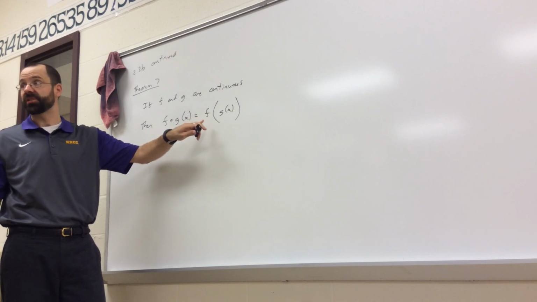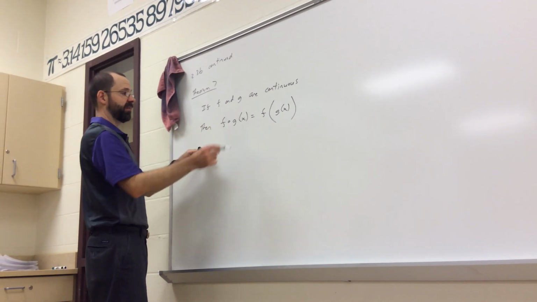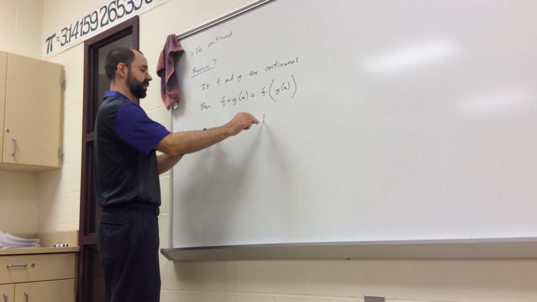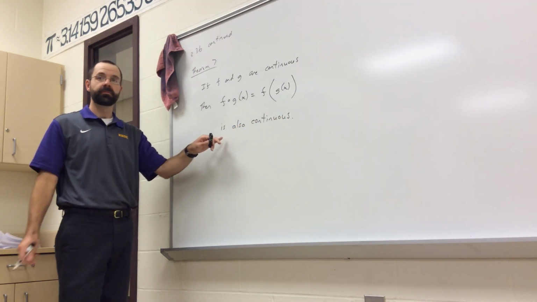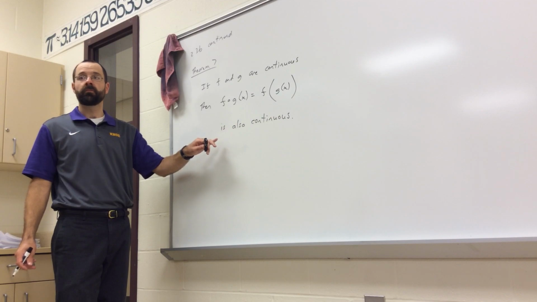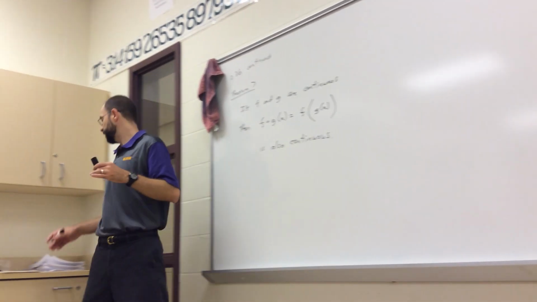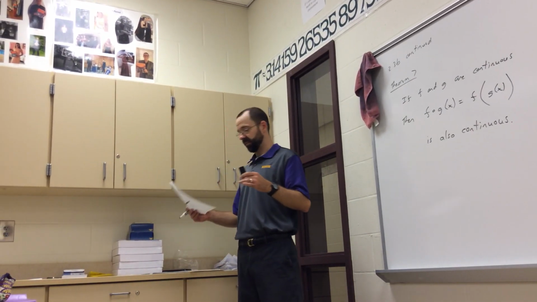That's called composition. Okay, so if f and g are continuous, then the function f of g is also continuous. So now we have a bunch of facts that we can use to figure out if functions are continuous, rather than just looking at the graph or using that official definition.